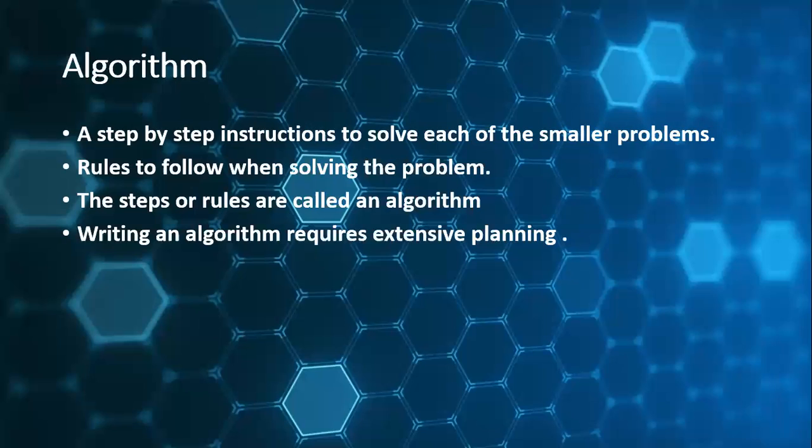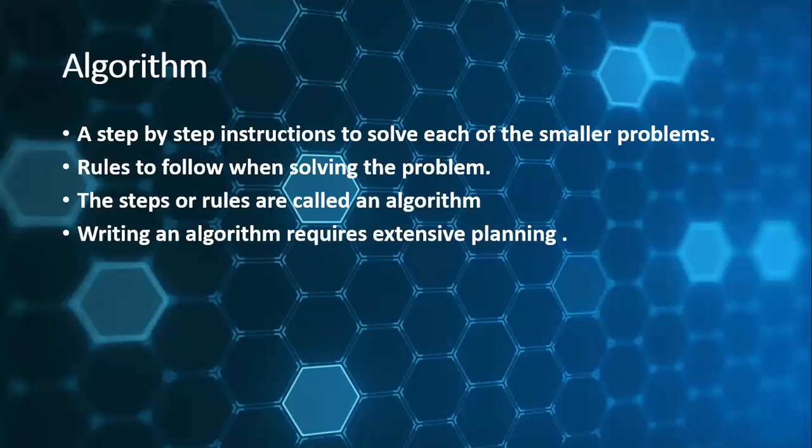These can also be called rules to follow when solving the problem. These simple steps or rules are used to program a computer to help solve a complex problem in the best possible way. And it's also called an algorithm.